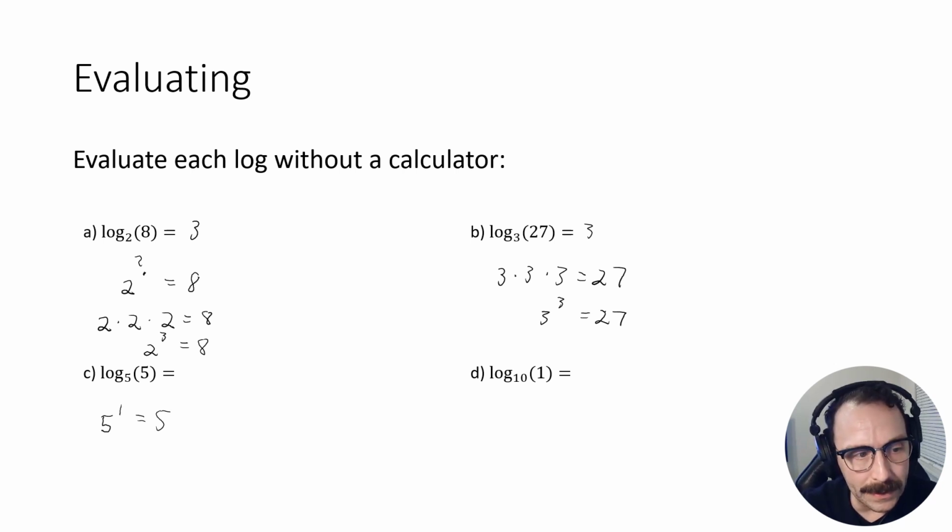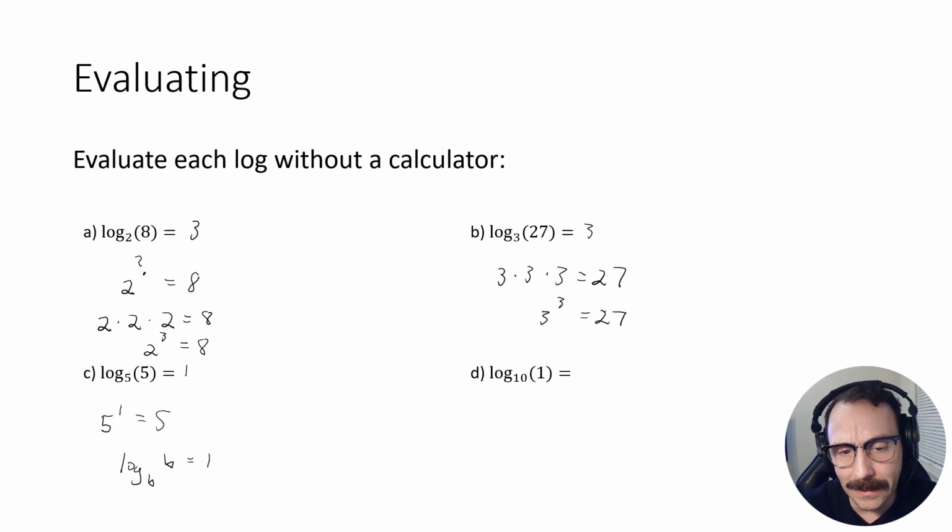So this is the exponential form of my logarithm. I'm going to convert it by observing that the 1 in the exponent position is the output of my logarithm. So log base 5 of 5 is equal to 1. And so anytime we have log base b of b, for any base b, this will always be equal to 1, because b to the power of 1 is equal to b.